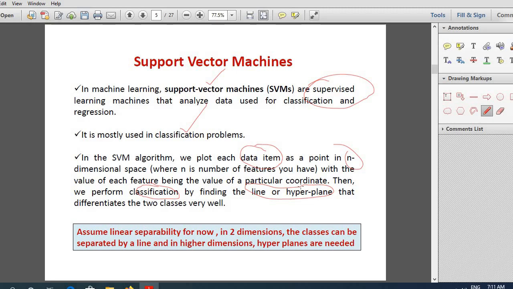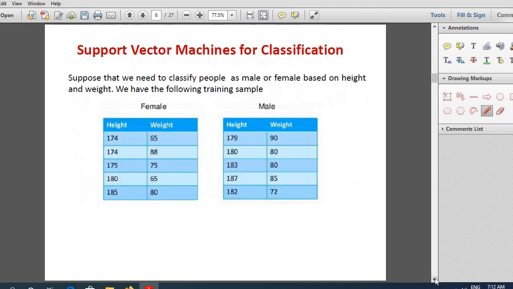So the input data can be of any dimension, say it is n-dimensional data. You need to plot that and divide the data set into two classes using a hyperplane or a line. If it is just two-dimensional data, you can separate it by a line. If it is more than two dimensions, you need a hyperplane. It will be more clear to you in the next slides.